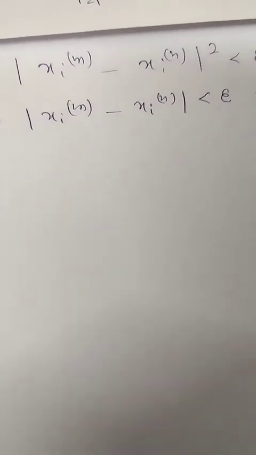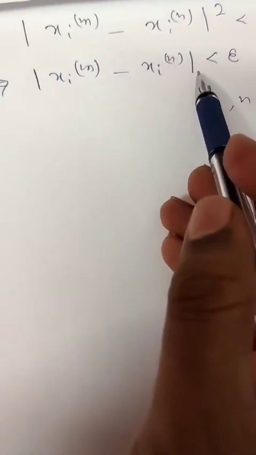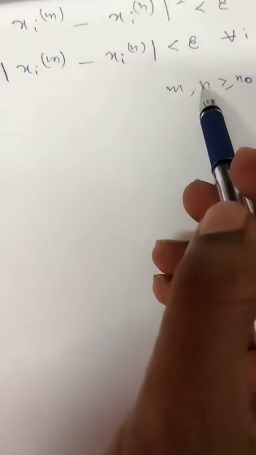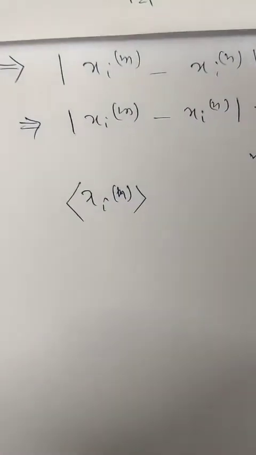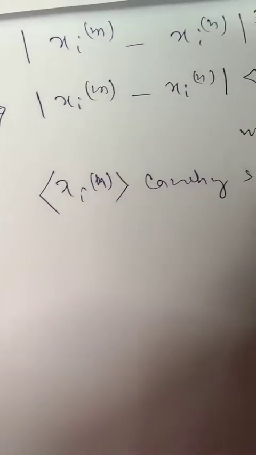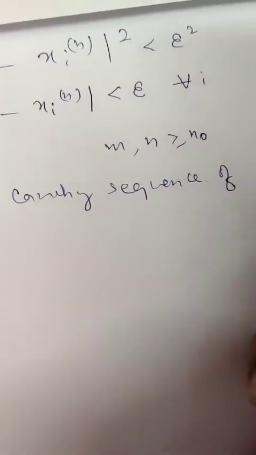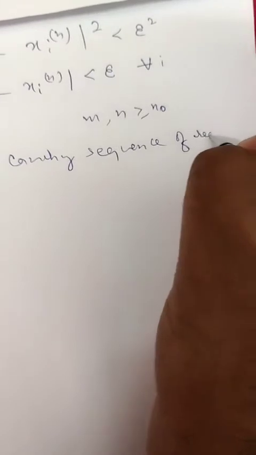So for every m, n greater than or equal to n_0 we have the modulus of x_im minus x_in less than epsilon, which means x_in becomes a Cauchy sequence of real numbers.